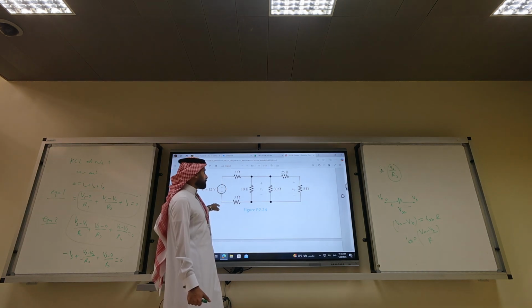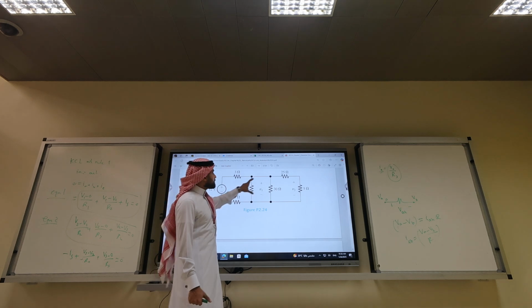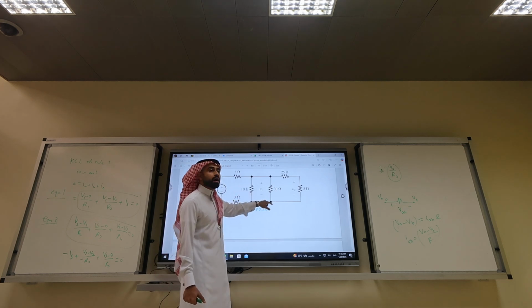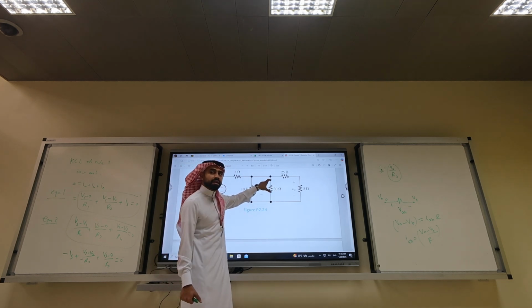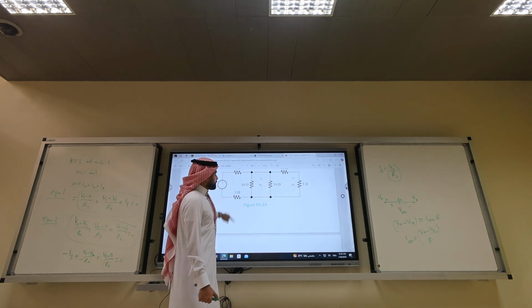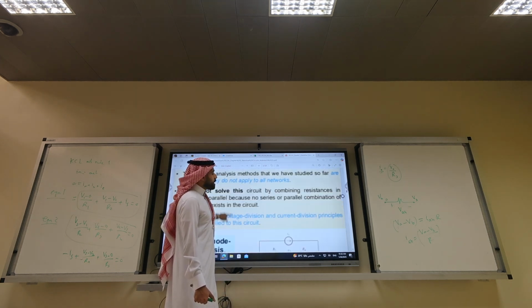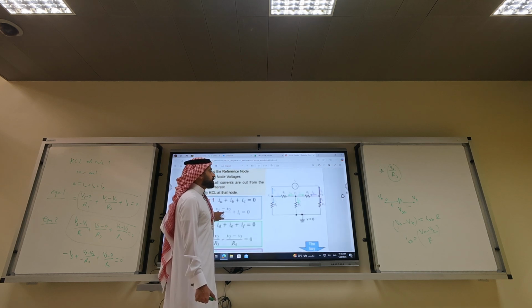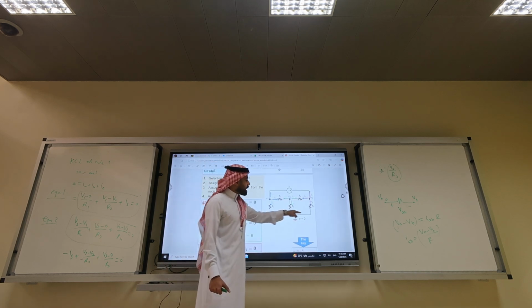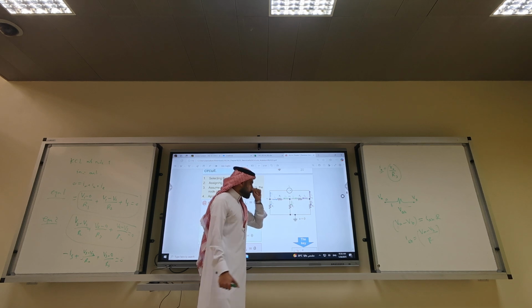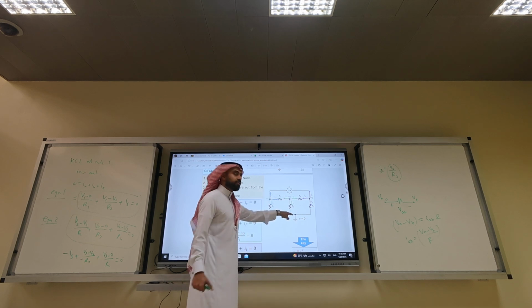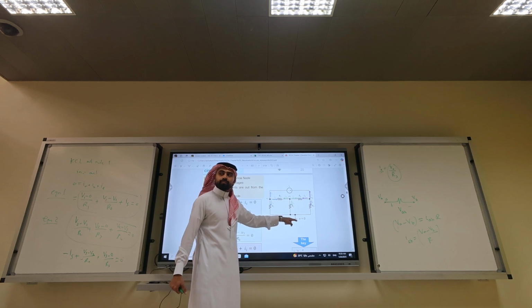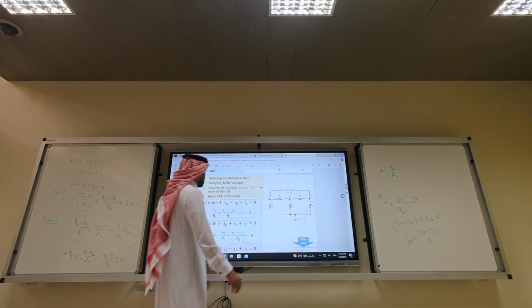So the ground was here. This V1 was not with respect to the ground. It was across the resistor by itself. So in resistors, we find the voltage drop across the resistor, and we assign a reference voltage so that we do not have V4. If we have V4, an equation with 4 unknowns is too much.